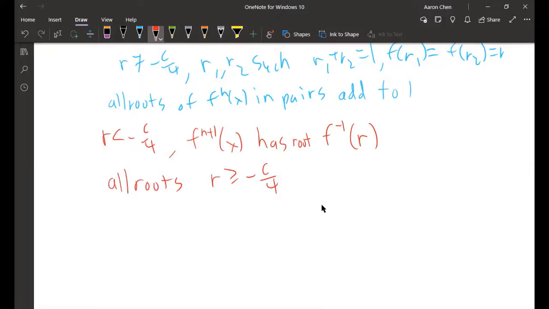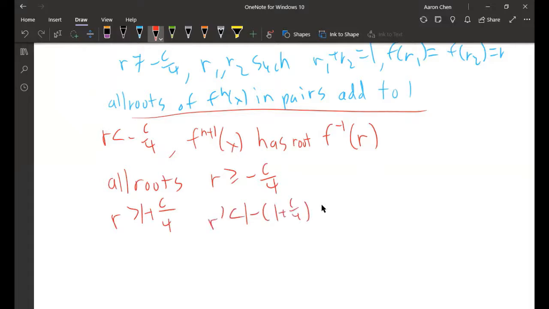And similarly, we already know that all the roots are in pairs that add up to 1. So that means that r also cannot be greater than 1 plus c over 4, because if that's true, then the pair that adds up to 1 with r, the root r prime, would be less than 1 minus 1 plus c over 4, and this is negative c over 4.